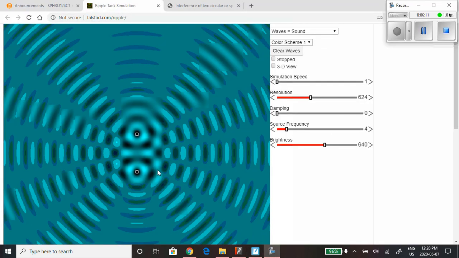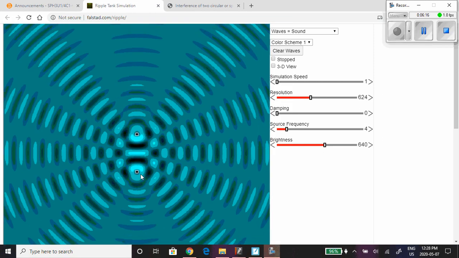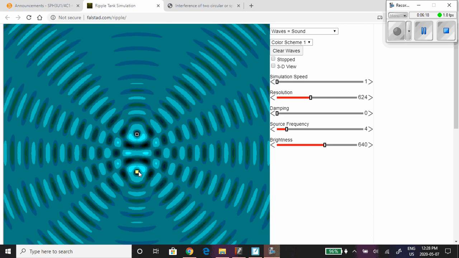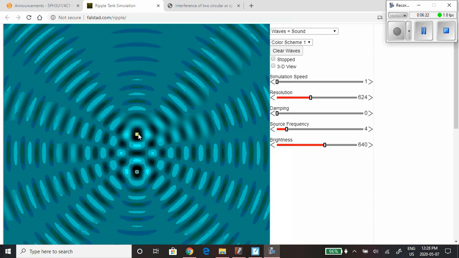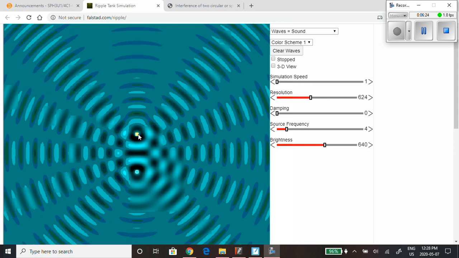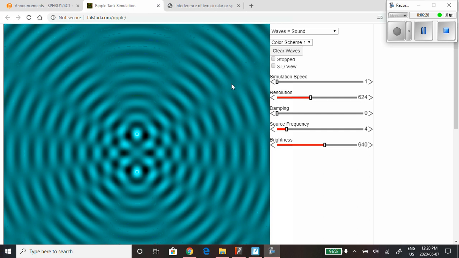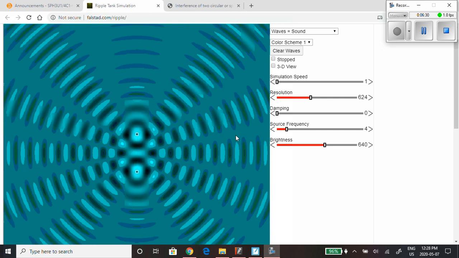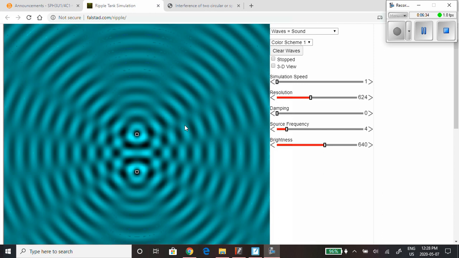So I've put a link to this website. Picture this as one speaker creating compressions and rarefactions of a longitudinal sound wave. Here's another speaker creating compressions and rarefactions of a longitudinal sound wave. And those compressions and rarefactions move out into the volume around the two speakers into the space. And where it's grayed out, destructive interference.